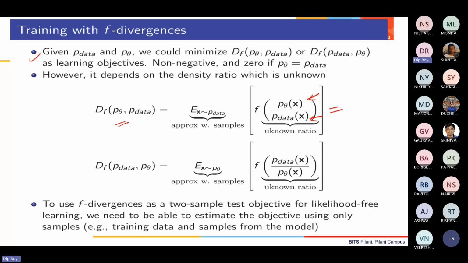We have samples from the distribution, but we do not know the true distribution. And if we take the reverse case, it is also the same. We can approximate with samples of P theta, but we don't have this. So ultimately, the whole point boils down to the fact that we cannot calculate this ratio of P theta by P data or P data by P theta, whichever it is.